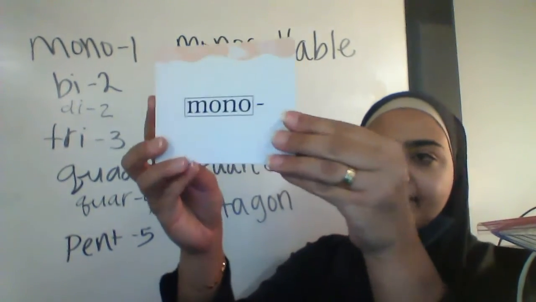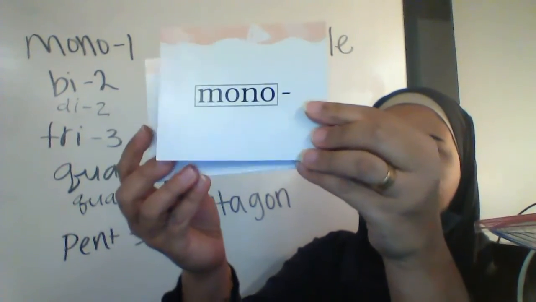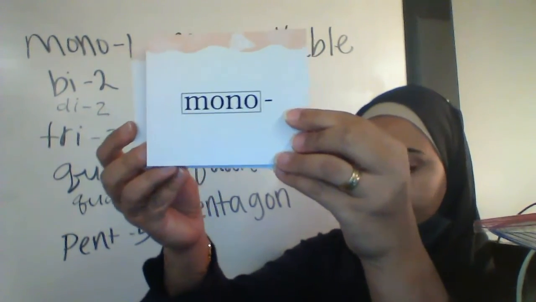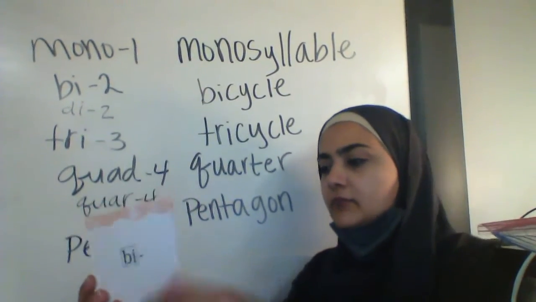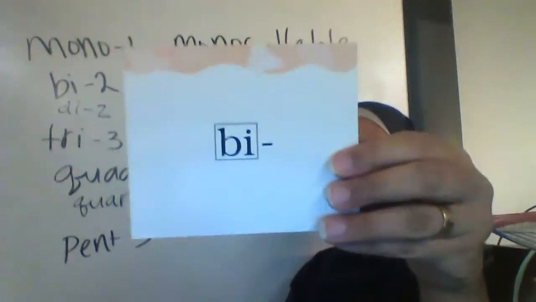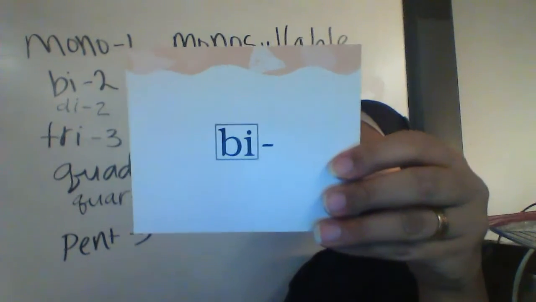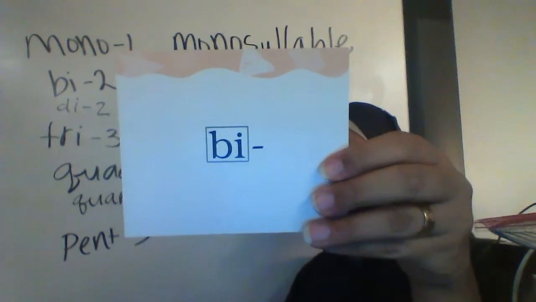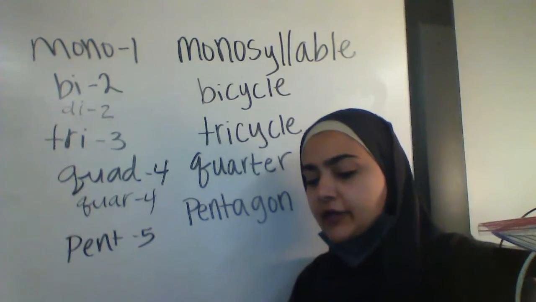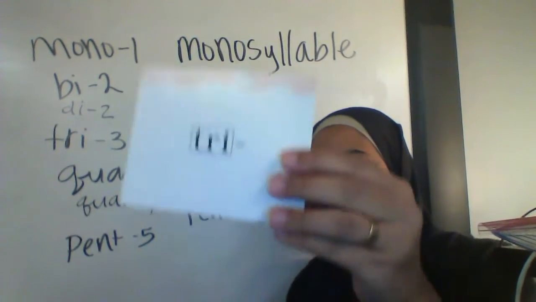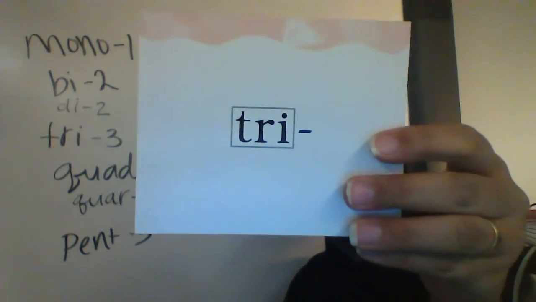Whenever we see this affix card, we're going to say prefix mono. Prefix mono. When we see this, we're going to say prefix bi. Prefix bi. Very good. When we see this card, we're going to say prefix tri.